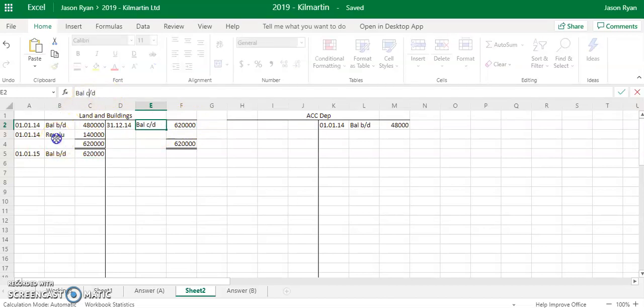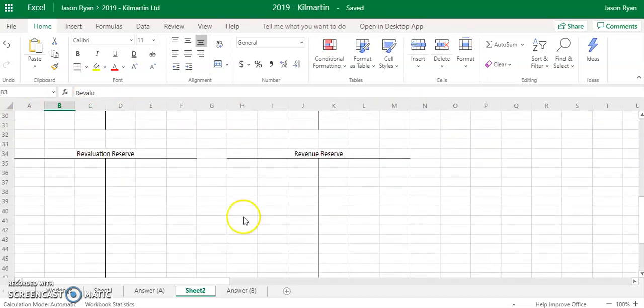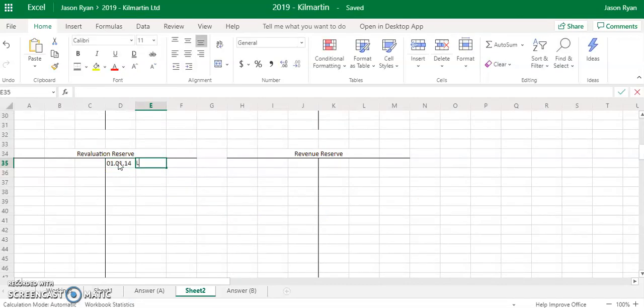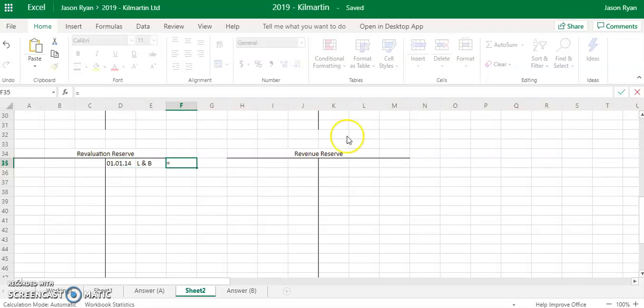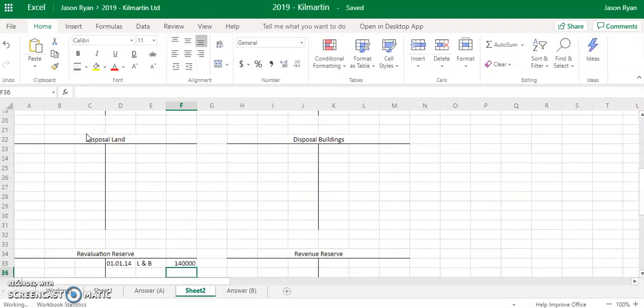Because this revaluation is on the debit side in the land and buildings, we're going to go to the credit side in your revaluation reserve. It's going to be first of the first 2014, land and buildings, and it was 140,000. And then we're going to do the same for depreciation.